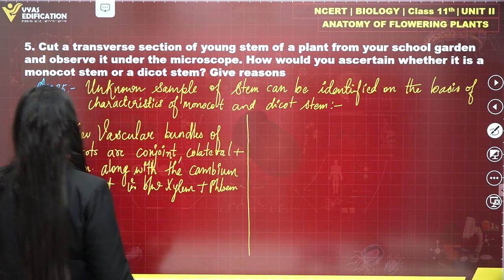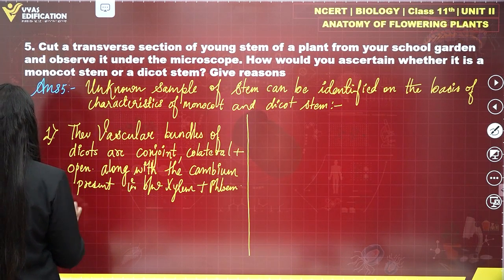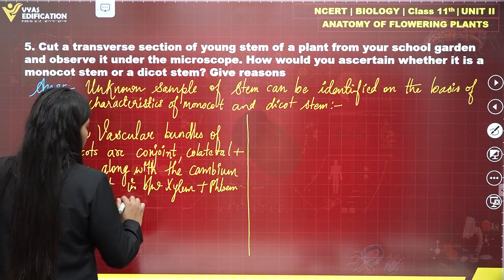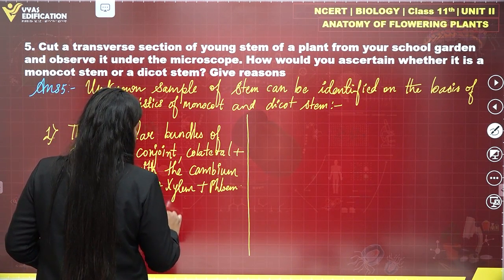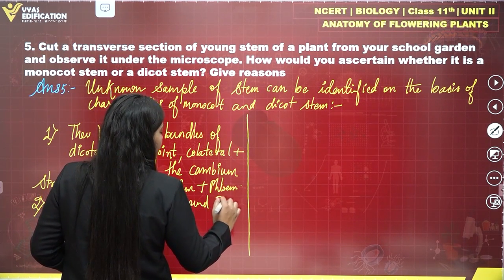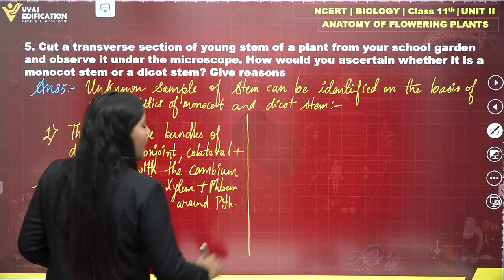Then the second characteristic of dicot stem is that vascular bundles are arranged in a ring around the centrally located pith.